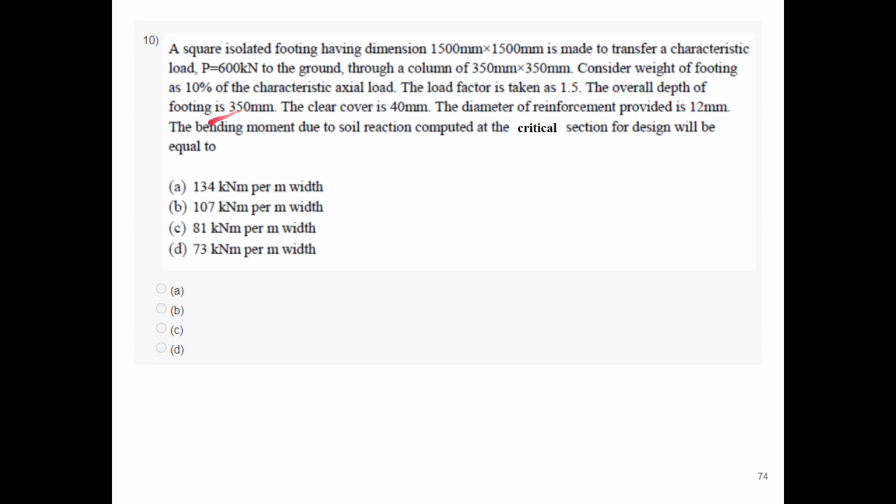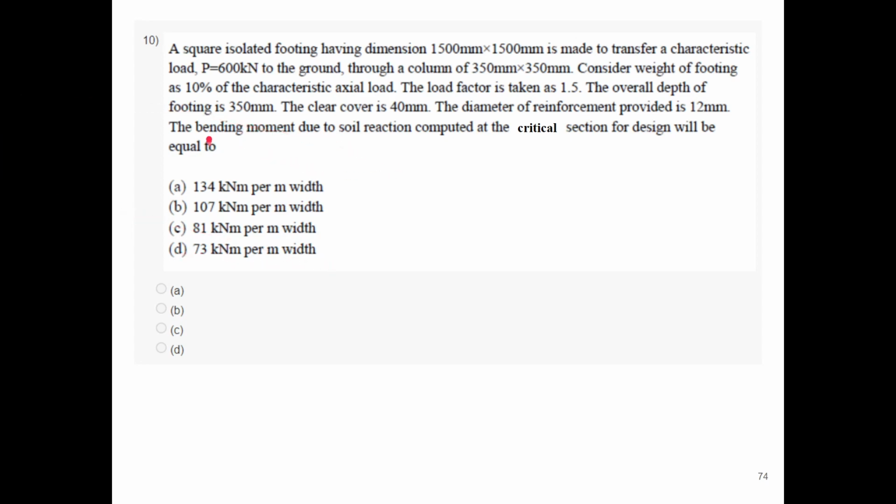The overall depth of footing is 350 millimeter. The clear cover is 40 millimeter. The diameter of reinforcement provided is 12 millimeter. The bending moment due to soil reaction computed at the critical section for design will be equal to A 134 kilonewton meter per meter width, B 107 kilonewton meter per meter width, C 81 kilonewton meter per meter width, or D 73 kilonewton meter per meter width.